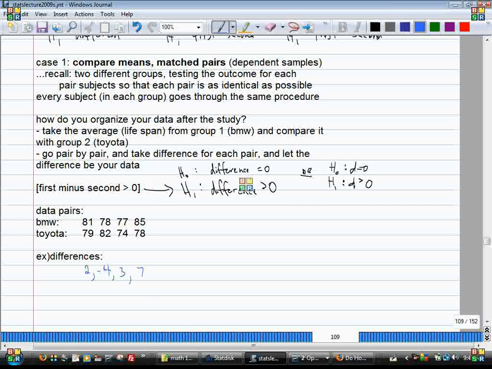The only thing is I want to introduce you to the proper notation for this, because 2, -4, 3, 7, in a sense it is your data set, but in a sense it isn't. What it actually represents are differences. So for that reason, we don't call these data values X, we call these data values D. D stands for differences.